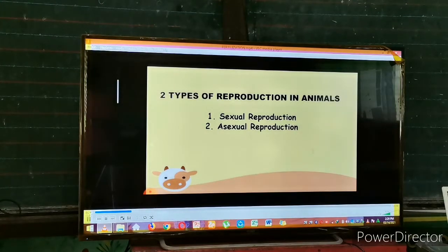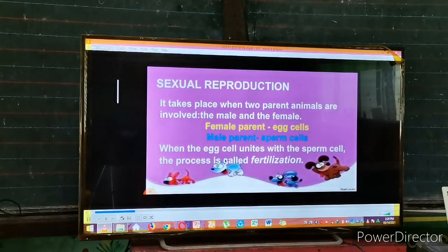There are two types of reproduction in animals. First is the sexual reproduction, and the second one is the asexual reproduction. When we say sexual reproduction, it takes place when two parent animals are involved, the male and the female.